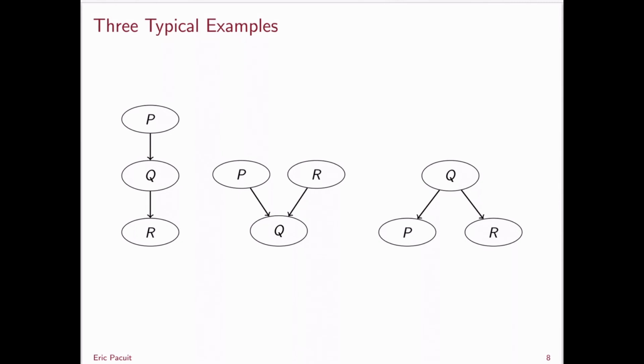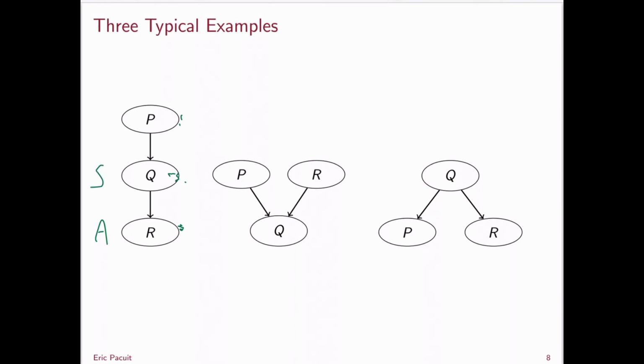And when you have three propositions, there are three typical examples. You might have a chain of events, so P causes or contributes to the truth of Q, and Q contributes to the truth of R. So you might think of something like R is an alarm going off, so it's true if the alarm is going off and false otherwise.